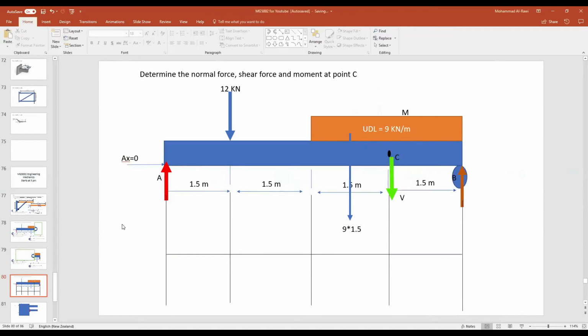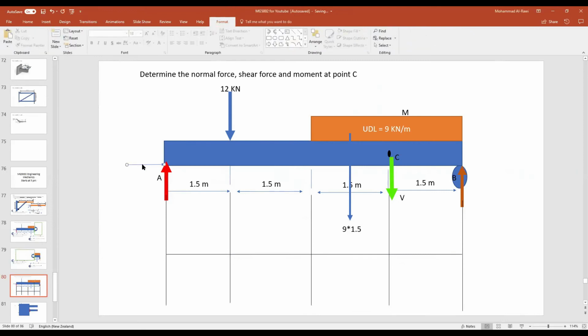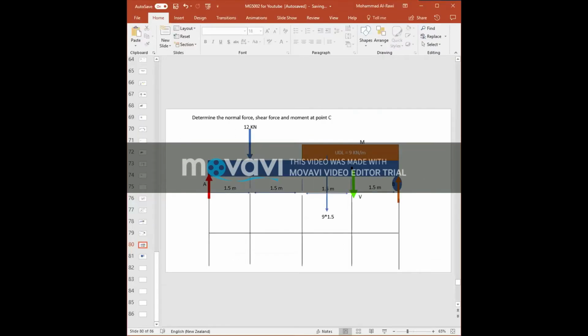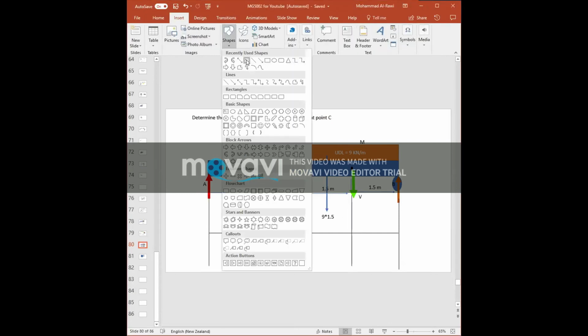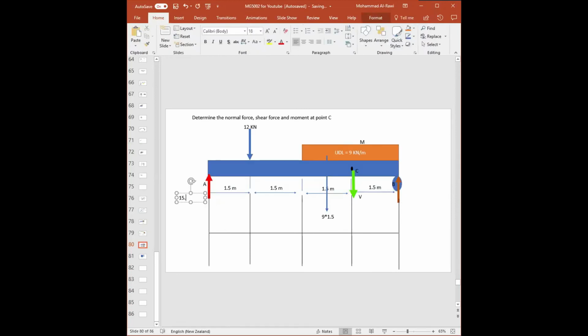All right, guys, can you remind me what's the value for the force at A? I technically removed the answers, so try to find it. Okay, I'll write it down. A was 15.75 kilonewtons.